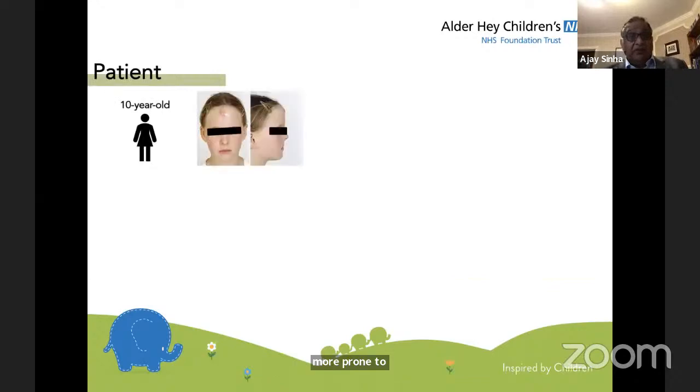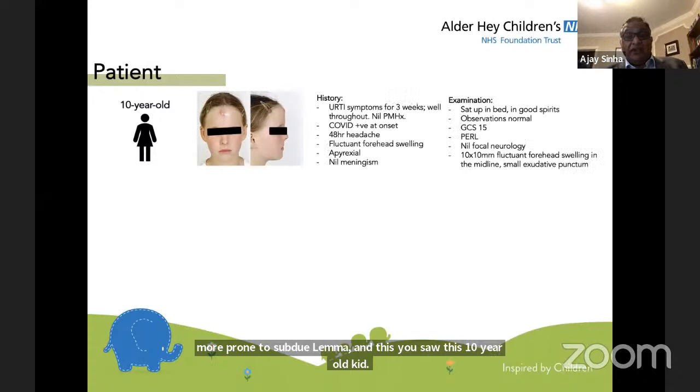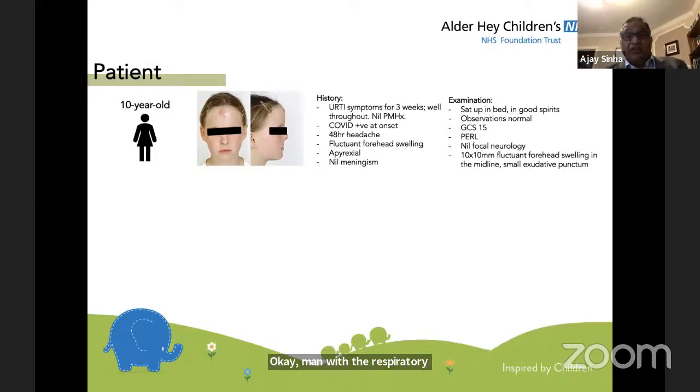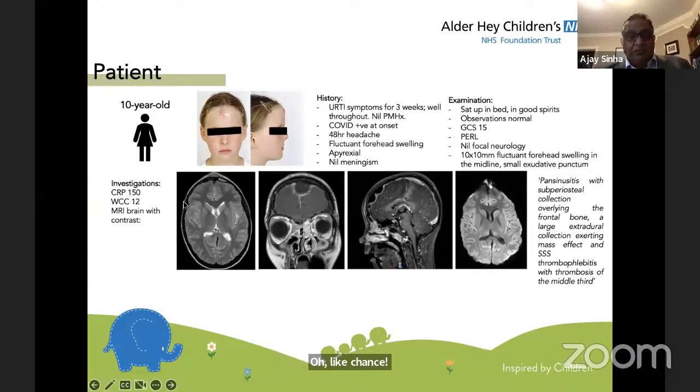As you saw, this 10-year-old kid came in with a respiratory tract infection, COVID positive, and then developed a subdural empyema. And we thought this was just a chance finding. We didn't really correlate it in the beginning to her being COVID positive. But then over a period of time, we found 4 or 5 such cases.